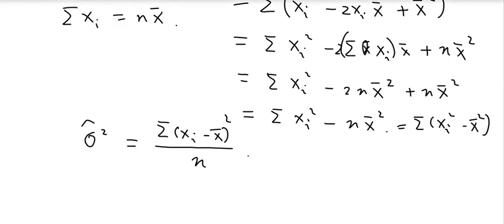This is from the moment estimate: we get this estimate for the samples. We use this formula to estimate the population's values.